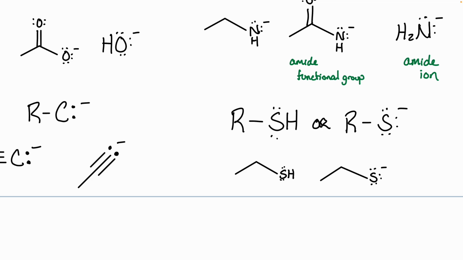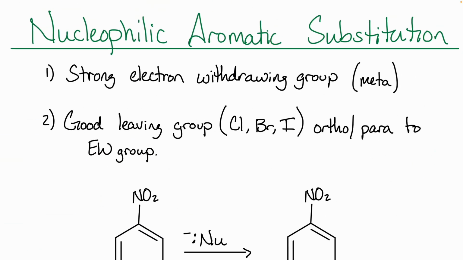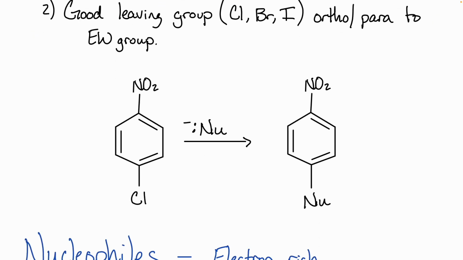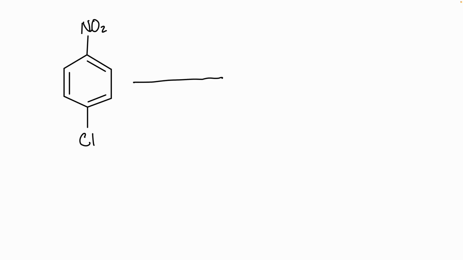All right. Cool. So let's just do an example here. We're going to take our candidate for our nucleophilic aromatic substitution reaction, and we're going to react it with one of our nucleophiles. Let's just do hydroxide. Everybody take a second and give me the product of this reaction.